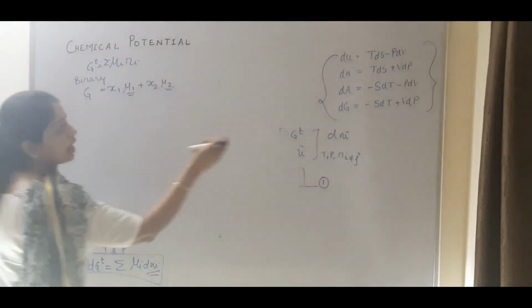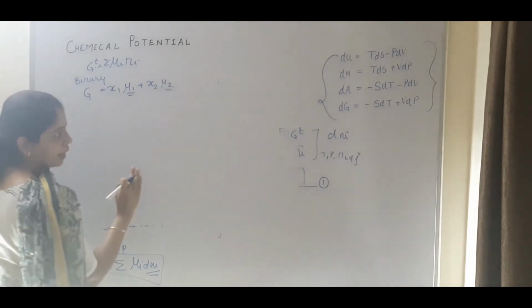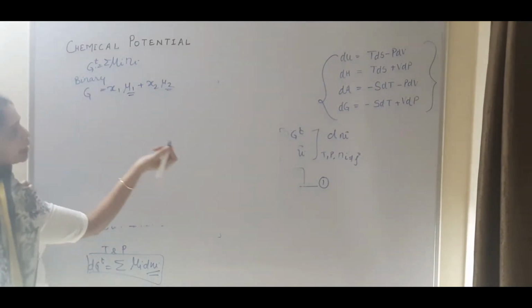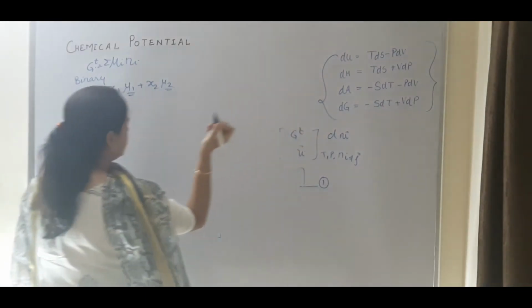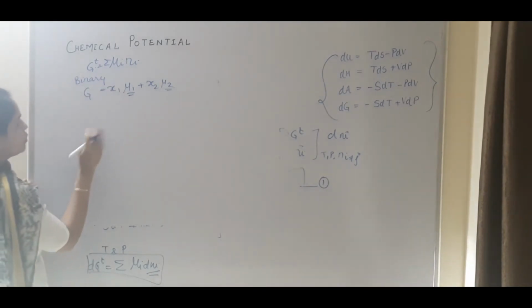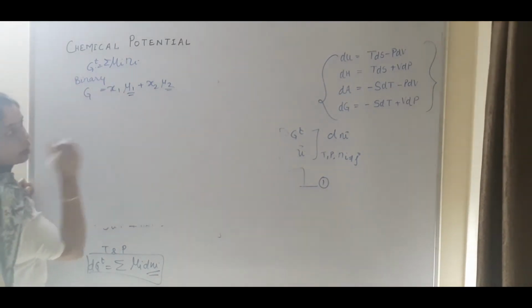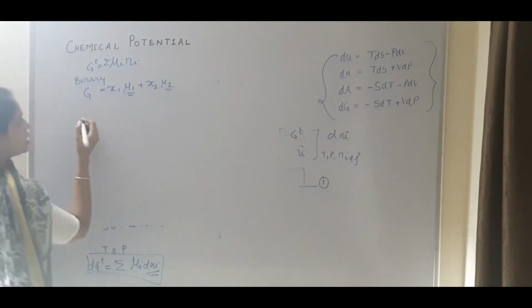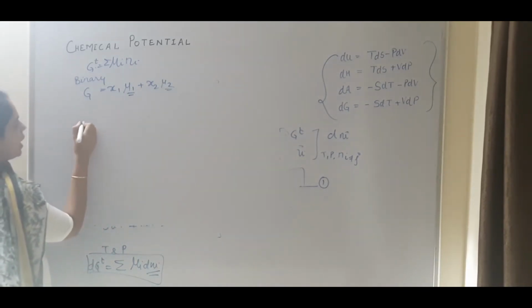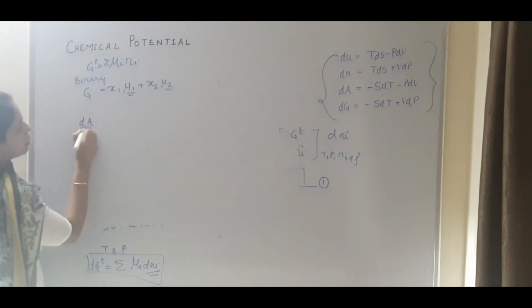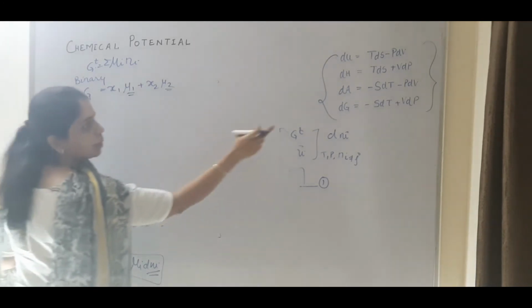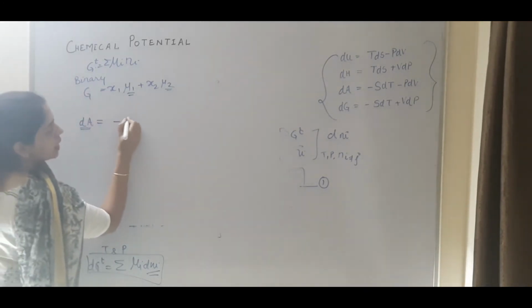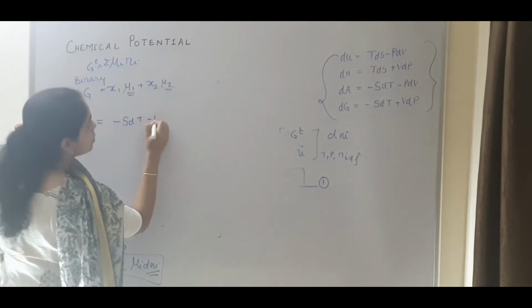You can also derive other forms of chemical potential, right? Let's take the example of Helmholtz free energy, and also internal energy. First, in terms of Helmholtz free energy: from the fundamental thermodynamic properties, dA equals minus S dT minus P dV.